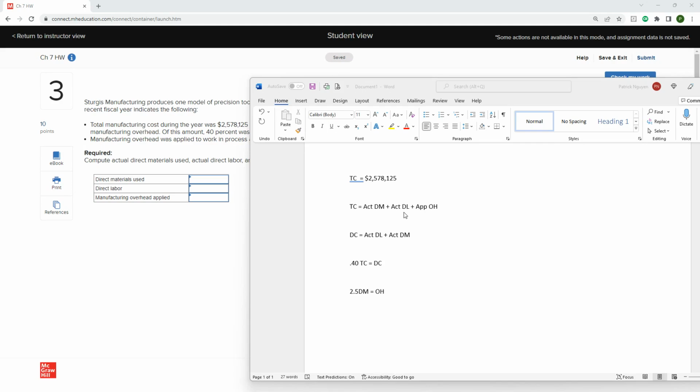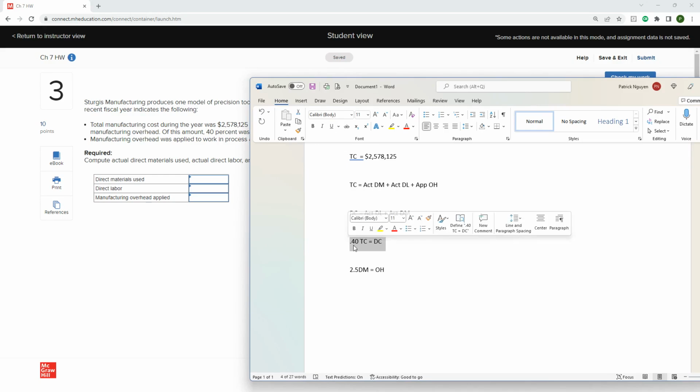We do have a solid amount for total cost, $2,578,125. So that wouldn't really be helpful in this equation right now because there's too many variables. Total cost isn't part of this equation, but it is part of this equation. 0.40 of total cost equals direct cost. So let's plug that in here to see what our direct cost is going to be.